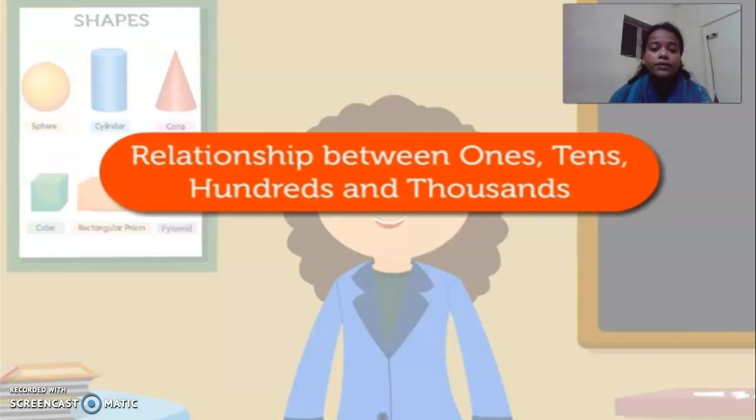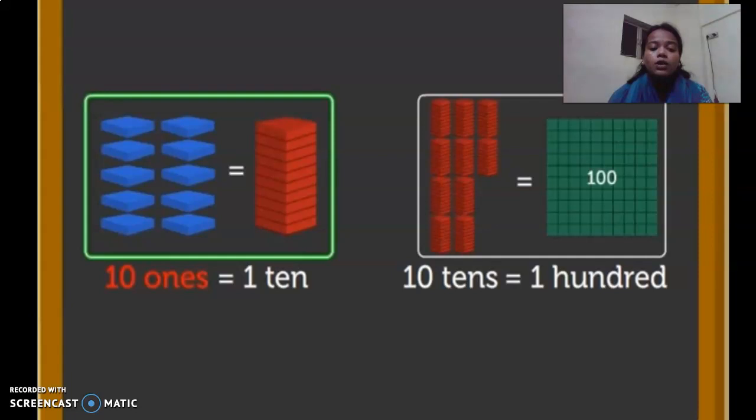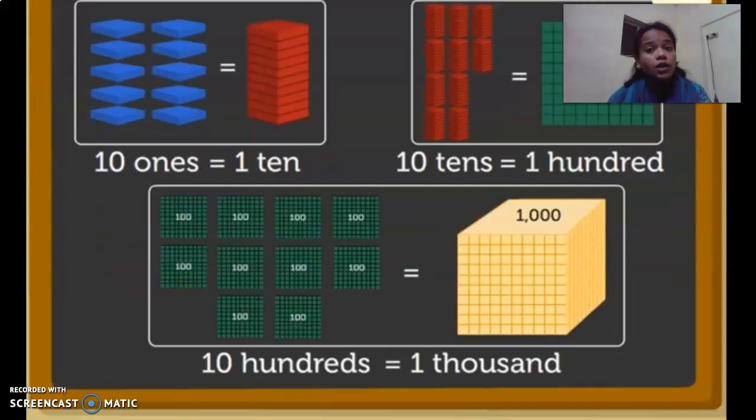We know that 10 ones is equal to 1 ten and 10 tens is equal to 100. Now, when we group 10 hundreds together, we get 1000. You can see the picture. So, 10 hundreds is equal to 1000.